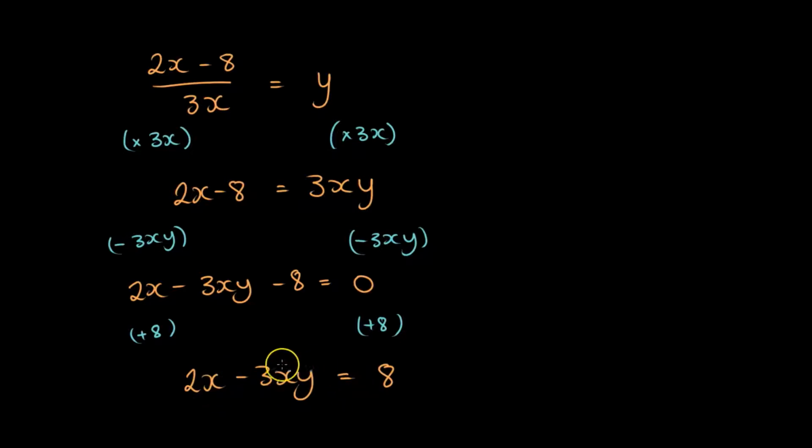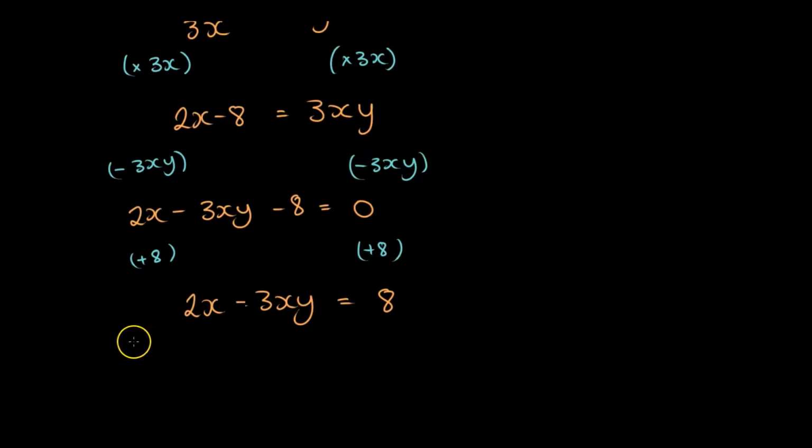If I want my x by itself outside of all of these terms, I'm going to have to do something called factorizing, which hopefully you've done before. So let's take an x out here. So I'm going to write factorize left hand side.